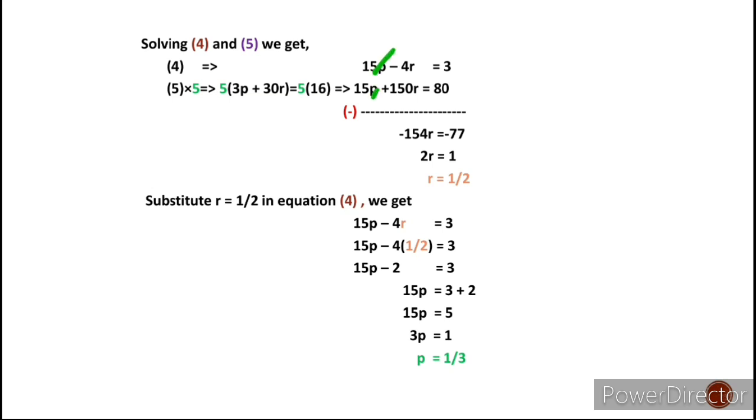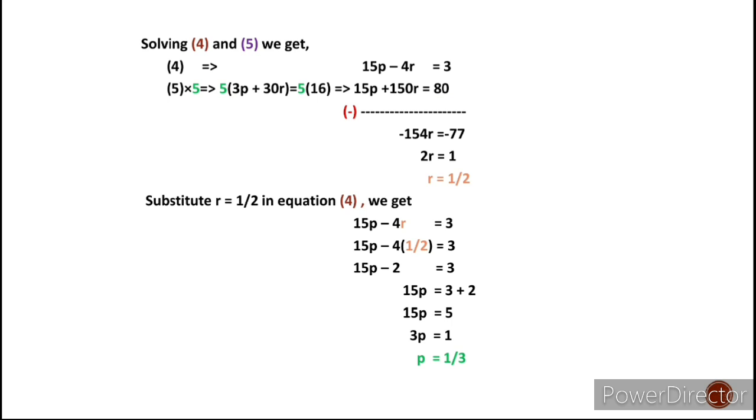Whenever you subtract, change the signs, minus, here also minus. Remember the new signs, forget the old signs. 15p minus 15p gets cancelled. Then minus 4r minus 150r is minus 154r. Then 3 minus 80 is minus 77.